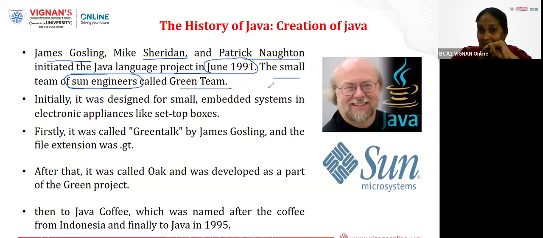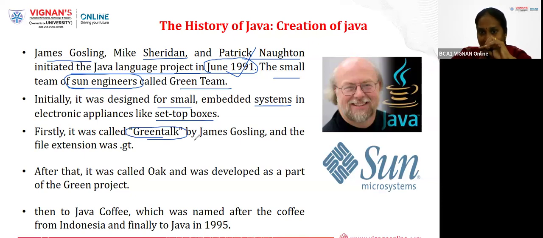Sun Microsystems first started developing Java in 1991. Initially it was developed for small embedded systems in electronic applications such as set-top boxes and all those things, right?